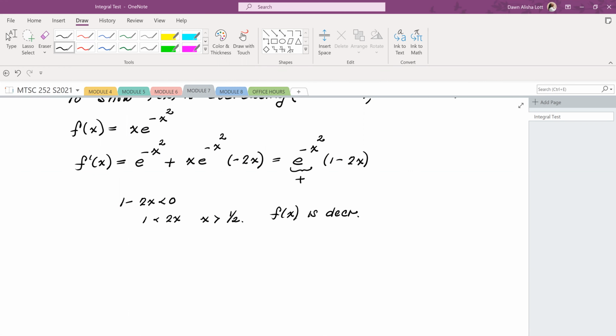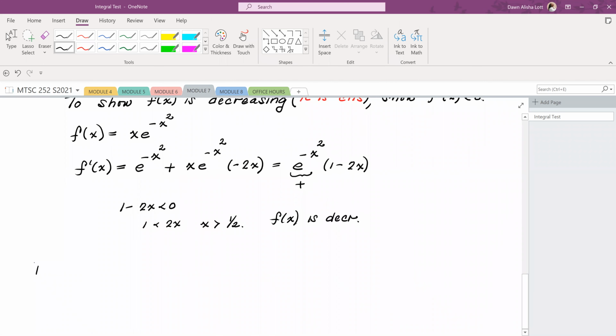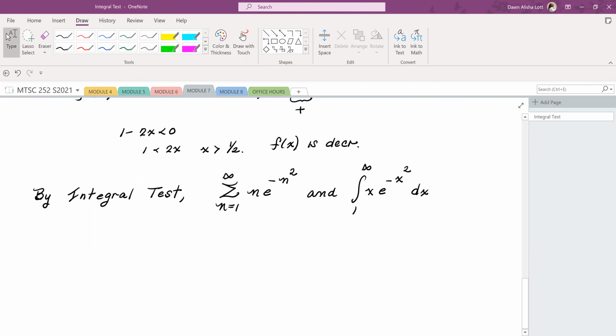So I can use the integral test. The integral test says, by the integral test, the sum n equals 1 to infinity of n e to the minus n squared, and the integral from 1 to infinity of x e to the minus x squared dx both converge or both diverge.